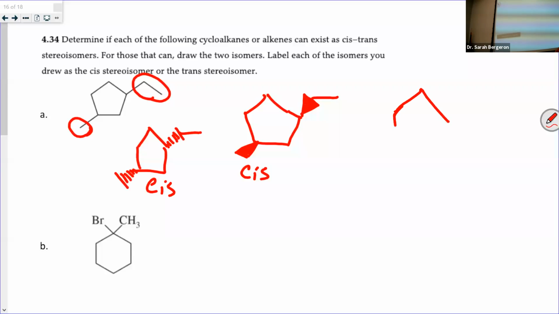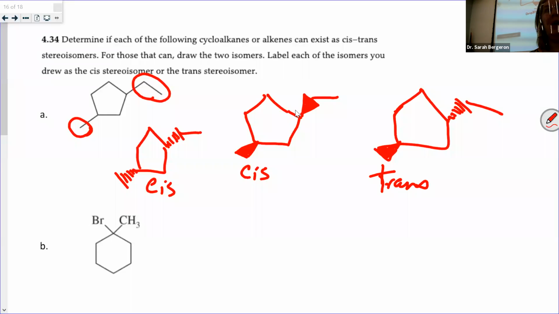There are 2 different ways to do this one too. Let's keep this one the same, this methyl group the same, but let's change our ethyl group. You just make them opposite. So trans isomers. So one's going down, one's going up. So you take the plane of the ring and then you make the substituents go either direction.